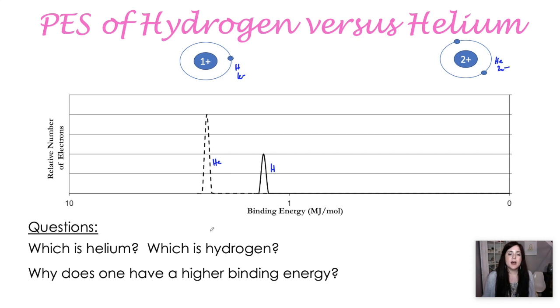Why does helium have a higher binding energy? Its electrons have a higher binding energy. Why does it take more energy to remove those 2 electrons? Well, we could say this for a couple of reasons. And of course, the first reason I'm going to have you explain deals with Coulomb's law.